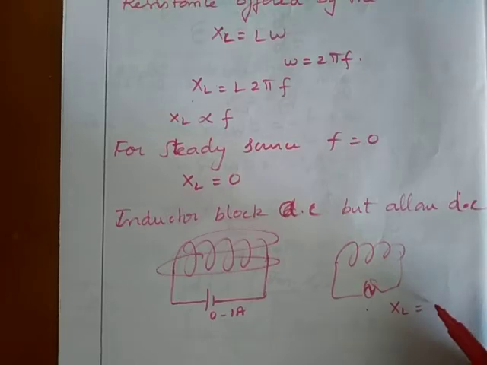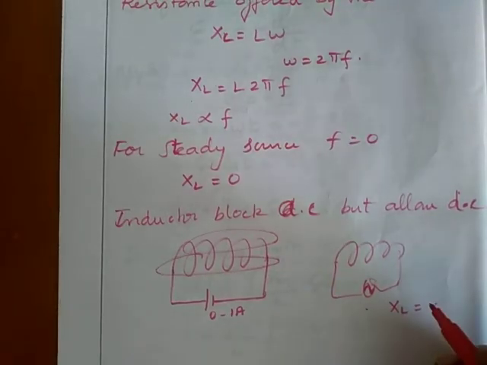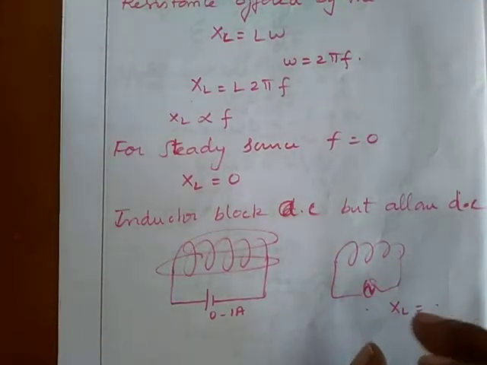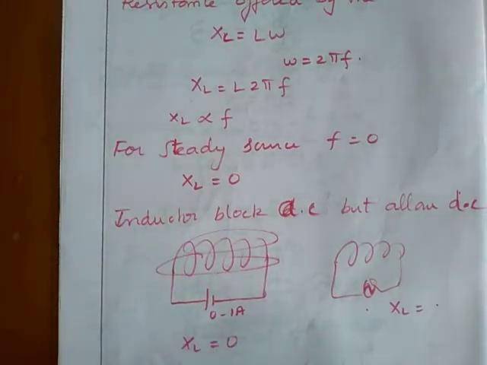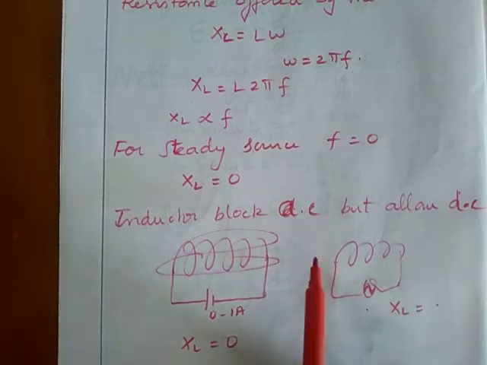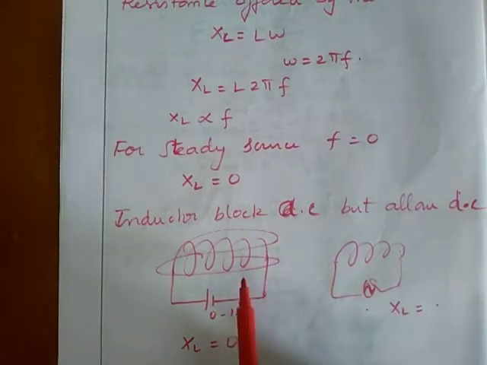Finite resistance for AC depends on the frequency at which the AC works. But here the XL value will be 0. It offers zero resistance for DC, but it offers particular resistance for AC. That's why the inductor blocks AC but allows DC.